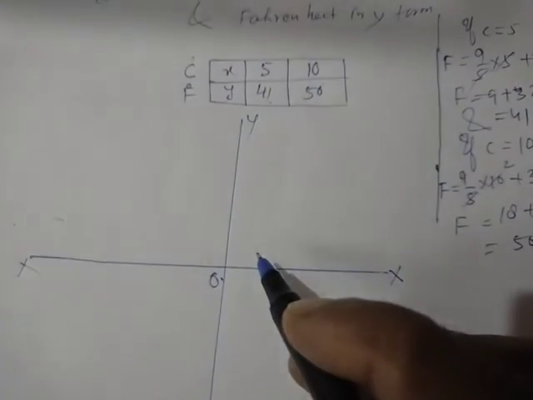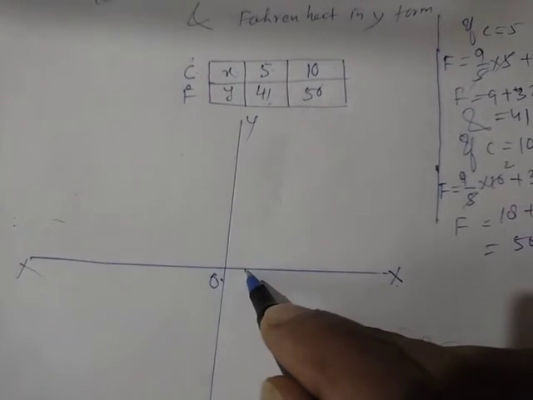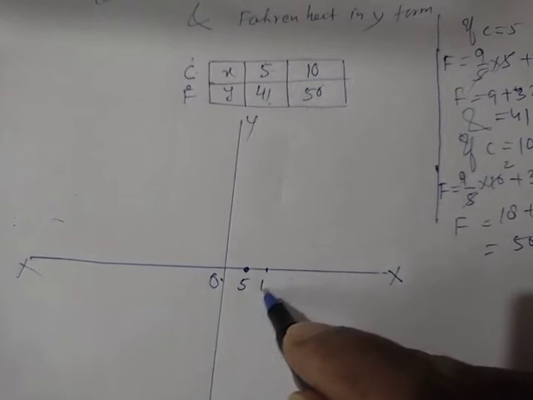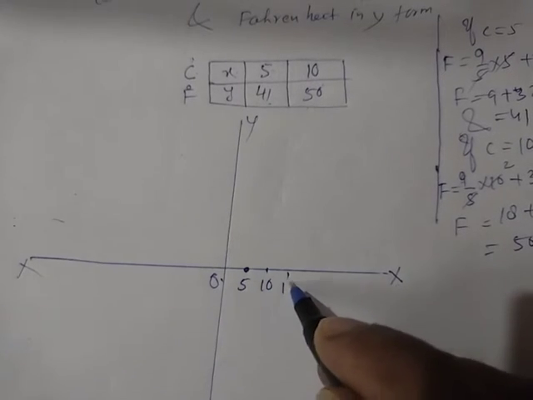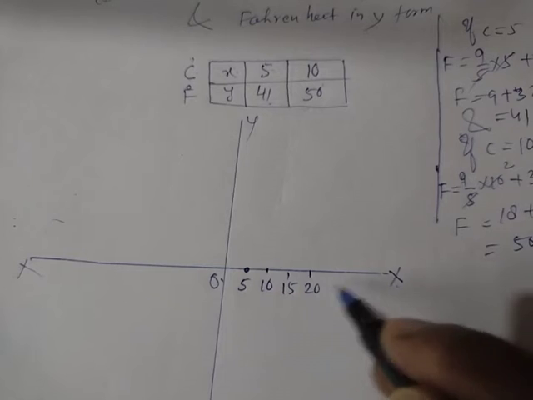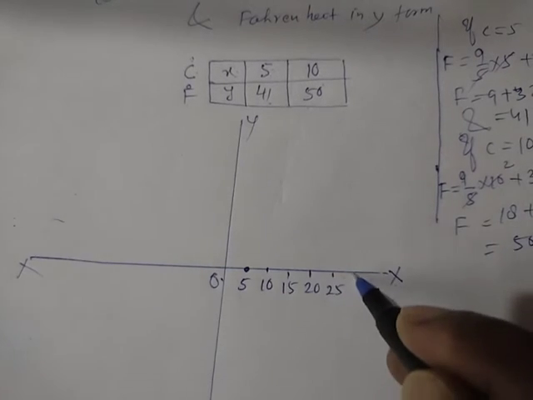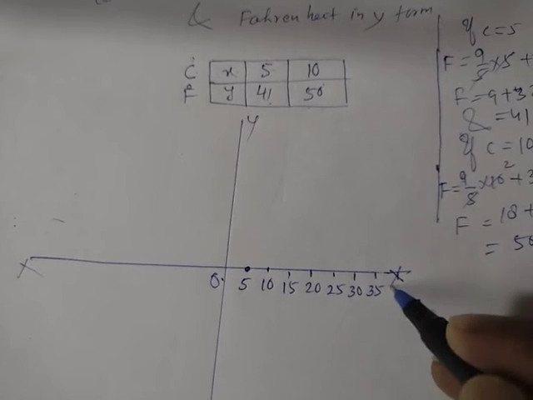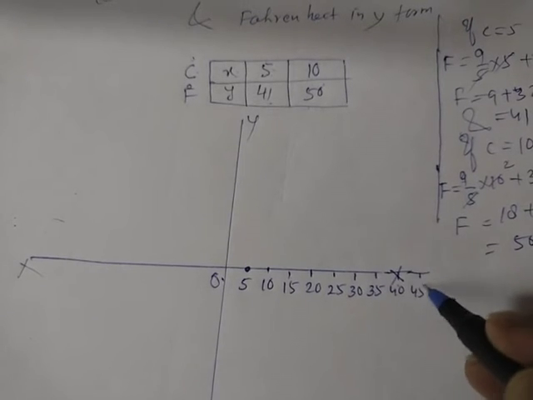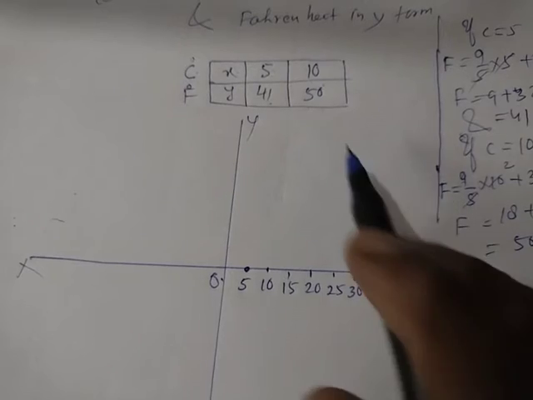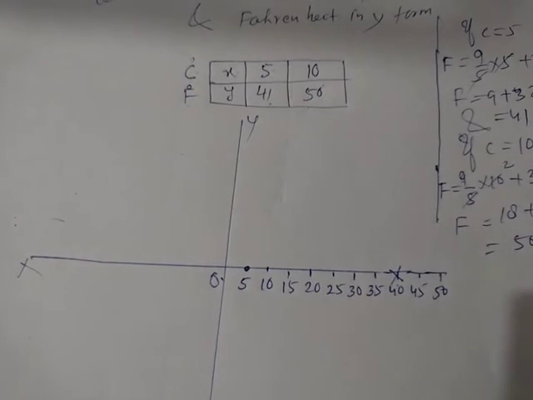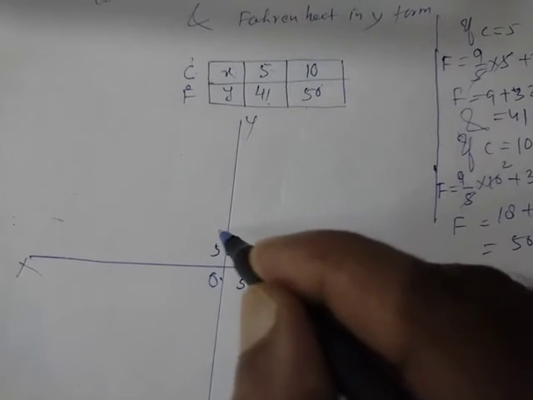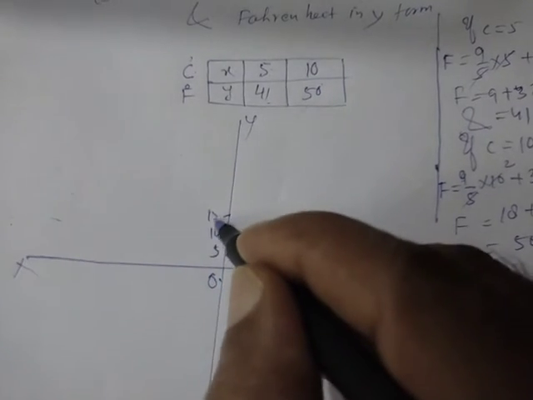So you take here a gap of 5: 5, 10, 15, 20, 25, 30, 35, 40, 45 and 50, because the highest is 50.